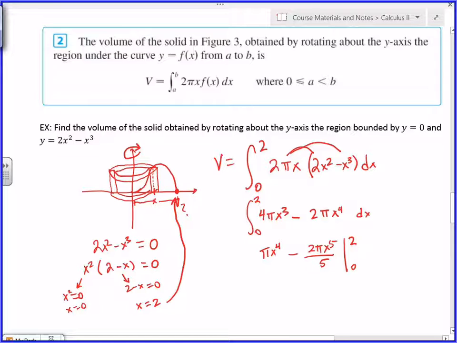So plugging in 2 gives me pi times 2 to the 4th minus 2 pi times 2 to the 5th over 5, minus 0. So 16 pi minus 64 pi over 5. So that's what, 80 over 5? So 16 pi over 5.